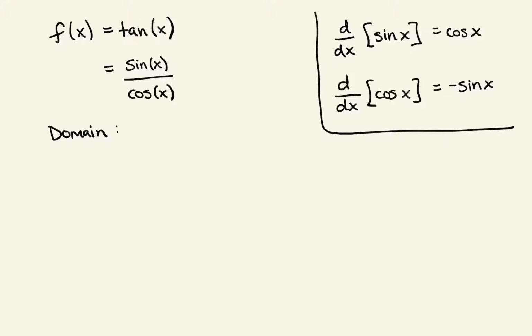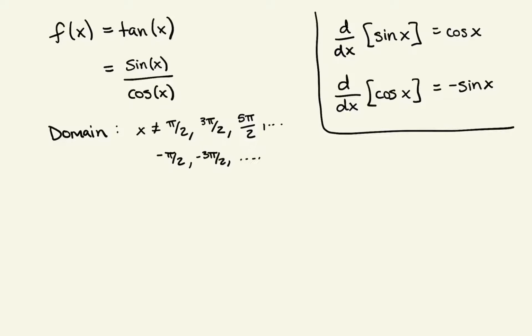So in particular, we don't want x to be equal to pi over 2, or 3 pi over 2, or 5 pi over 2, or on the other hand, negative pi over 2, etc. Other than that, tan x will be defined.